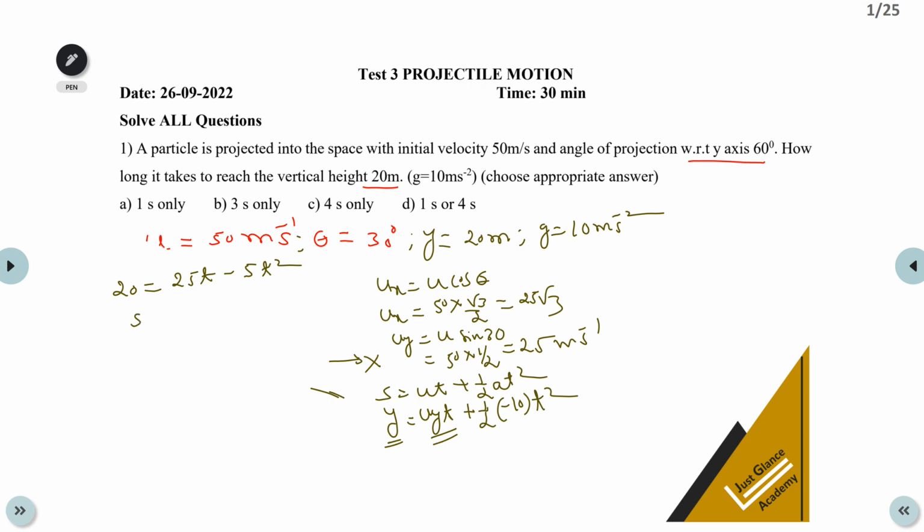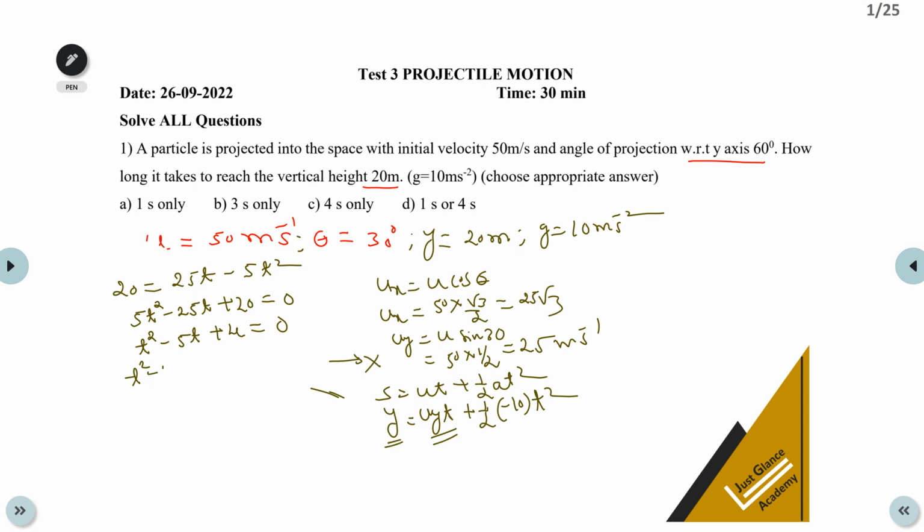Now reshuffle the terms. 5t squared minus 25t plus 20 equals 0. 5 is the common factor, so t squared minus 5t plus 4 equals 0. Then it is a quadratic equation.